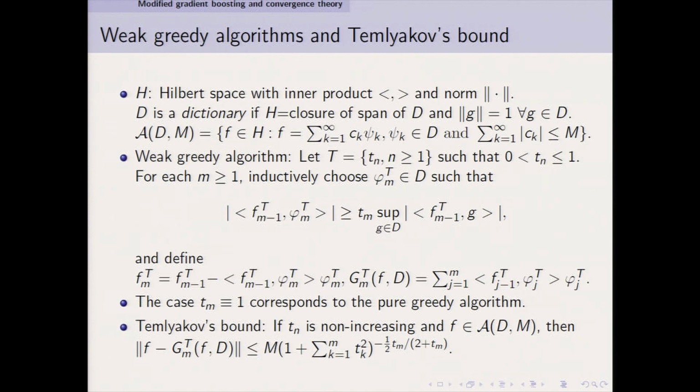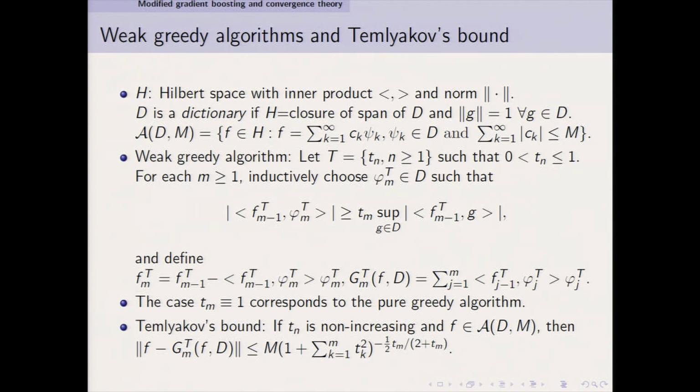And this set A1 is just the F in H such that F has this expansion, the sum of c_k psi_k, with psi_k in the dictionary, and here is this.